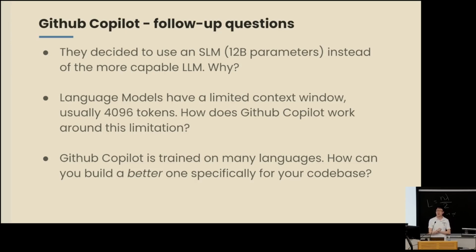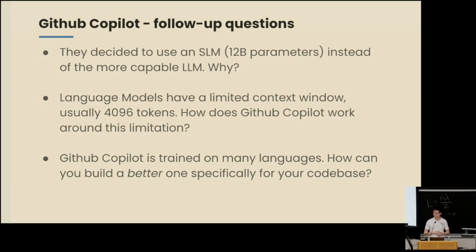So why did they decide to use a smaller model? For speed, right? When you're writing code, you always want to be fast. The developer's not going to wait. They're impatient. You want to perform inference faster, but this is not something that a larger model can do without putting too much money into it, without it working out from a cost perspective.